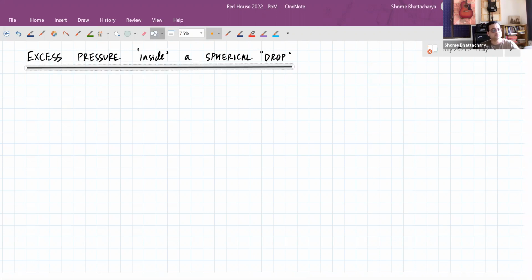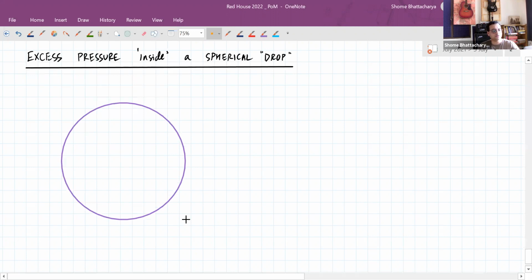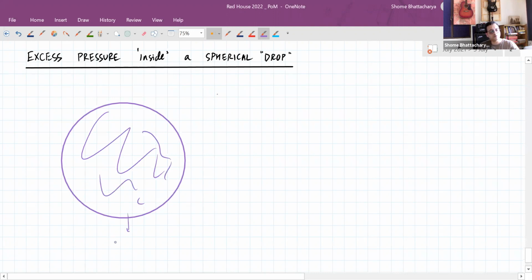So as I was saying that if we just visualize a solid sphere of glass of fluid, so a spherical volume of fluid.